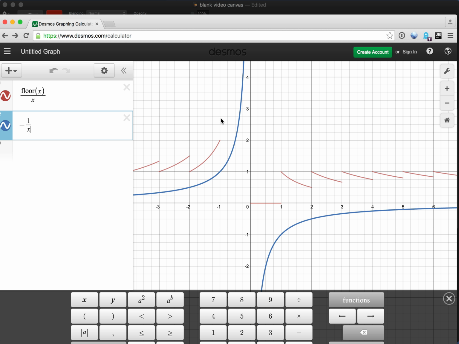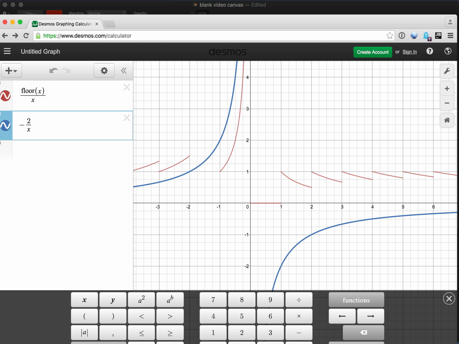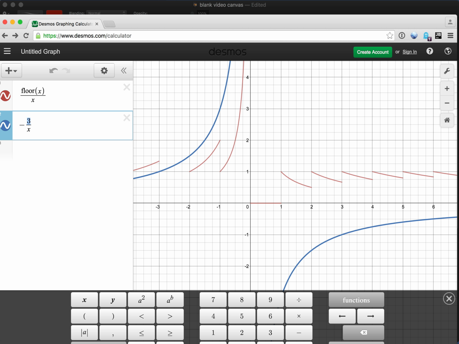And that's that section from minus 1 to 0. What about, for example, this section right here? What would that be the same as? Negative 2 over x, right? For that little part right there. Does that make sense? And then minus 3 over x, and so on.